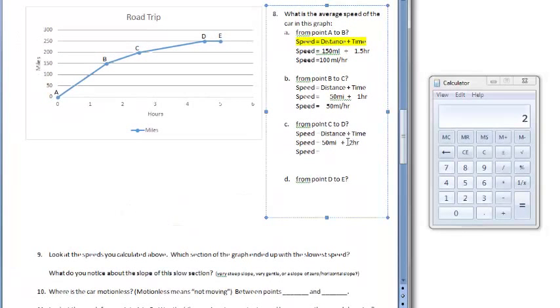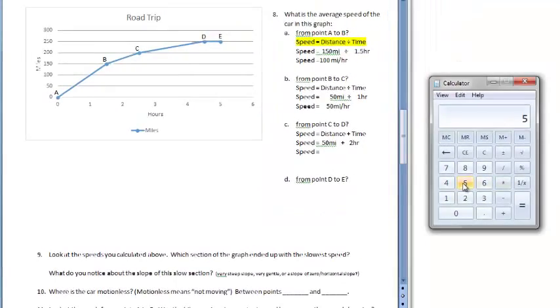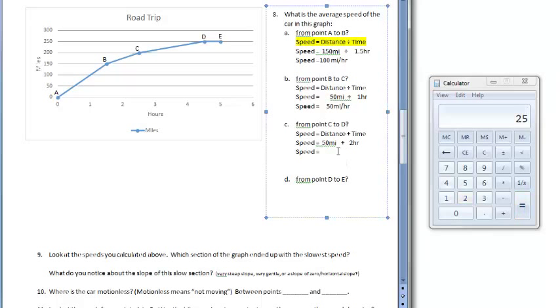So there were 2 hours in between point C and D. When I divide this, 50 miles divided by 2 hours, I get 25 miles per hour. That means each hour the car drives, it gets about 25 miles further.